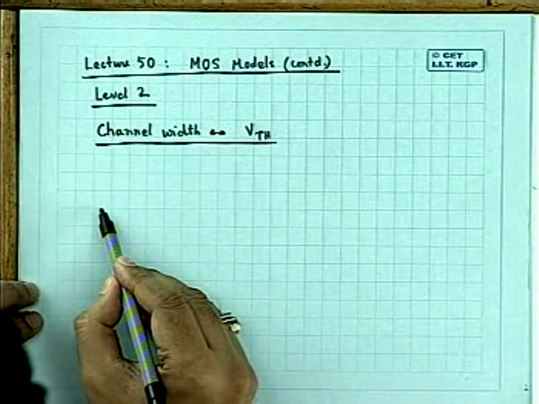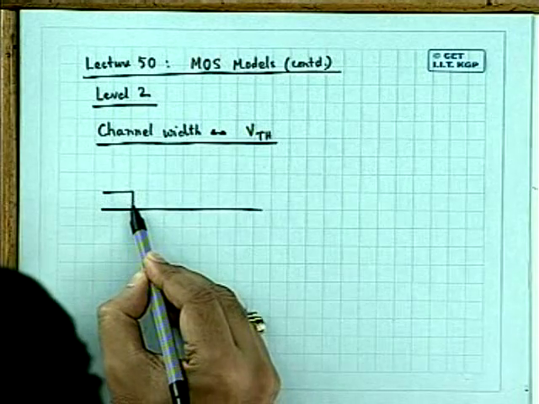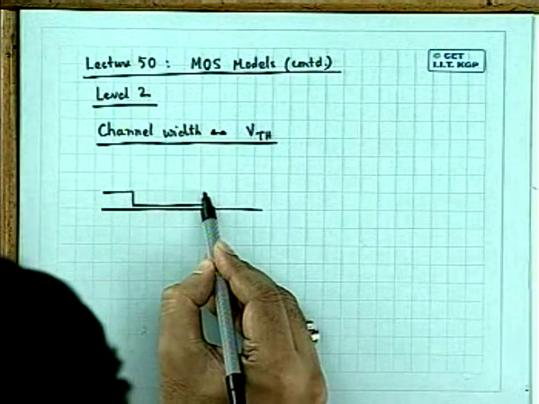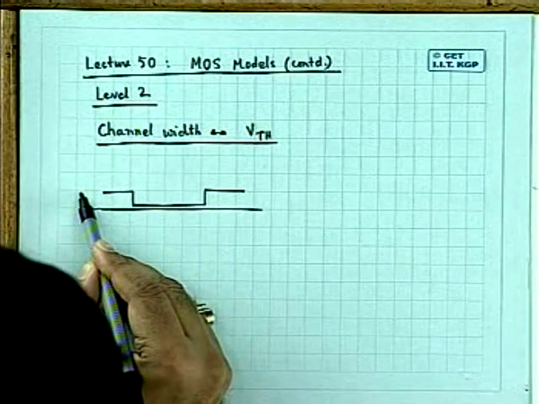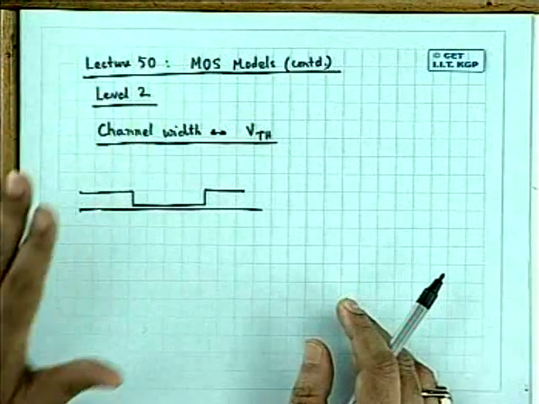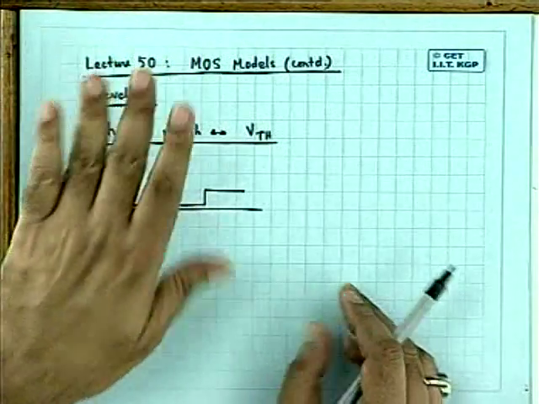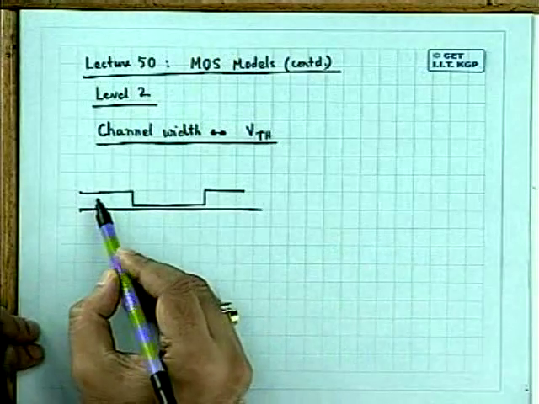You remember in device physics lectures, we said that when we look at the device cross section perpendicular to the channel length, it looks like this.